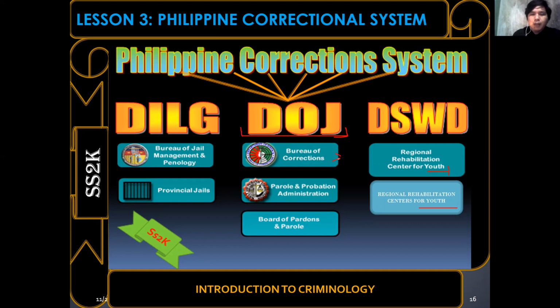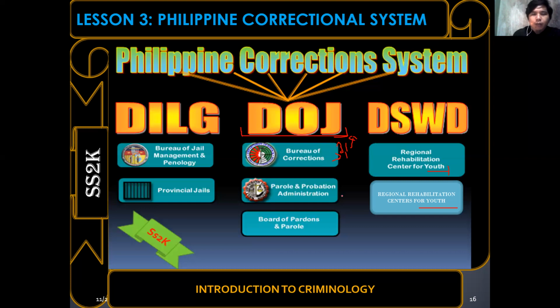So sila po yung nangangalaga doon po sa mga nahatulan na ng korte ng penalty is 3 years, 1 day pataas. Okay? So more than 3 years. So inaalagaan po yan ng Bureau of Corrections.